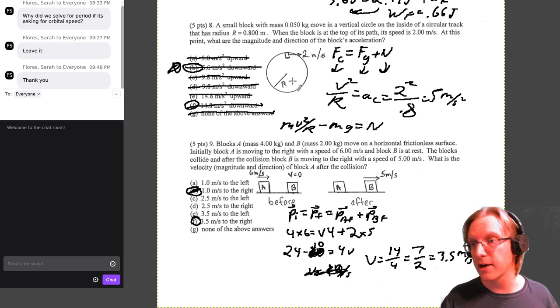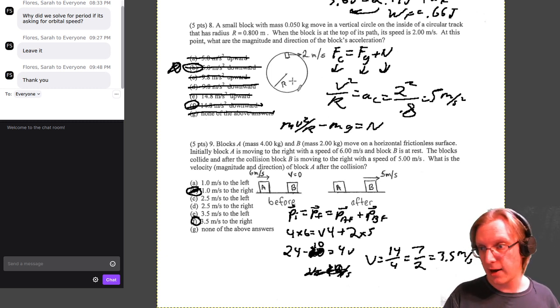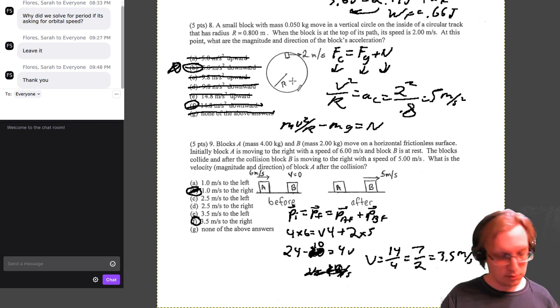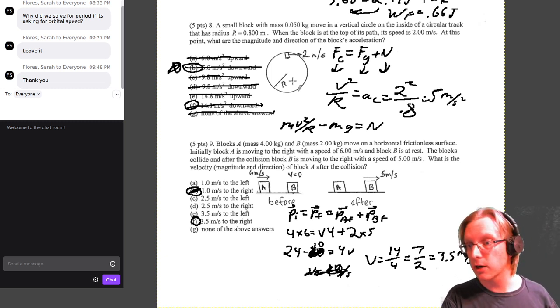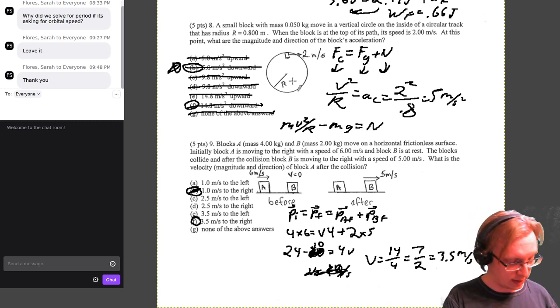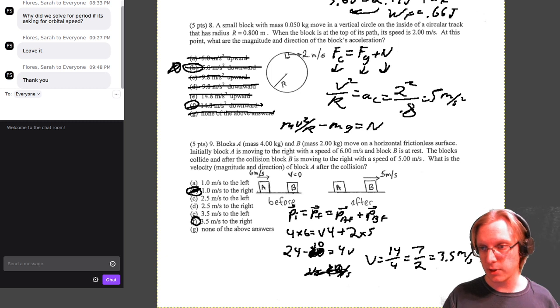Do they provide mass? They do. So then that'd be 5 minus 0.05 times 9.8. Right. 5 is the acceleration, so that's the v squared over r here.